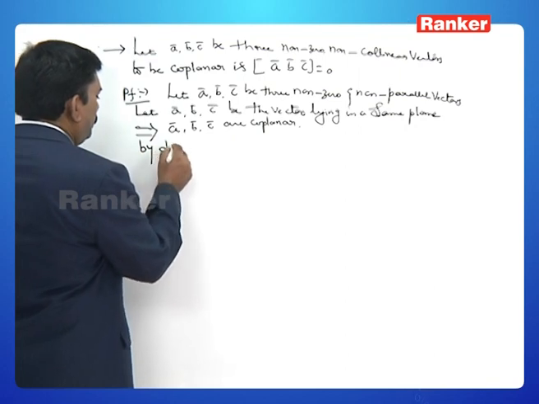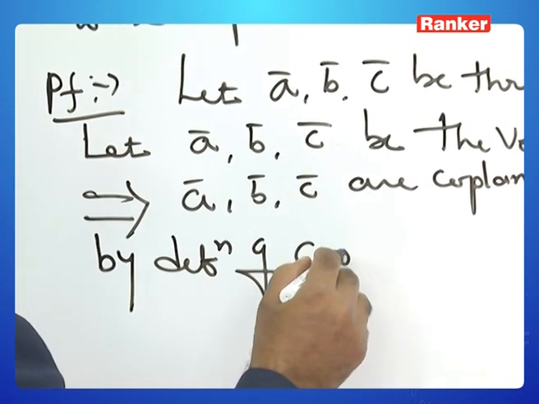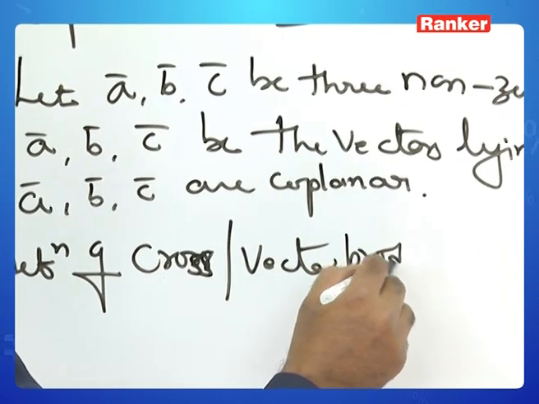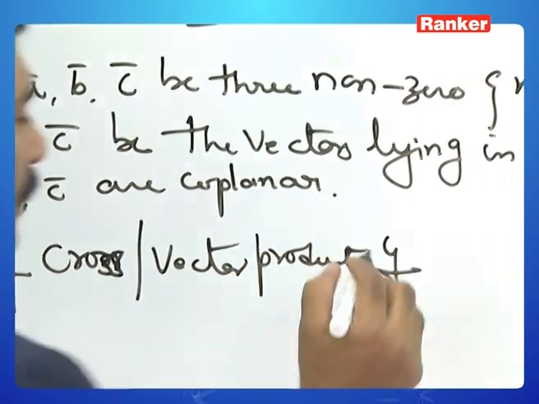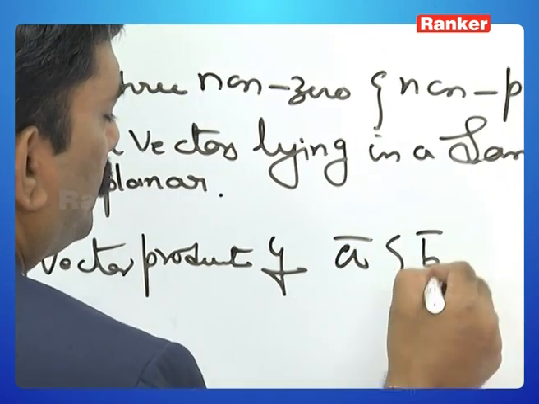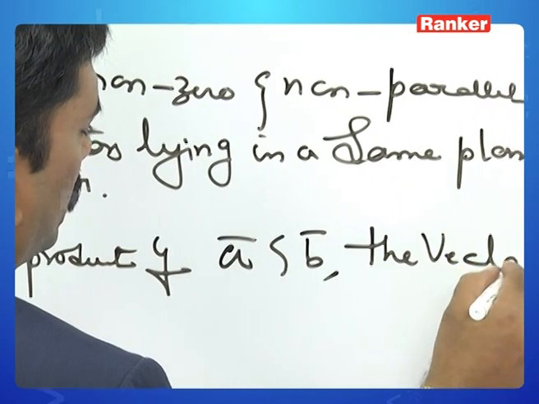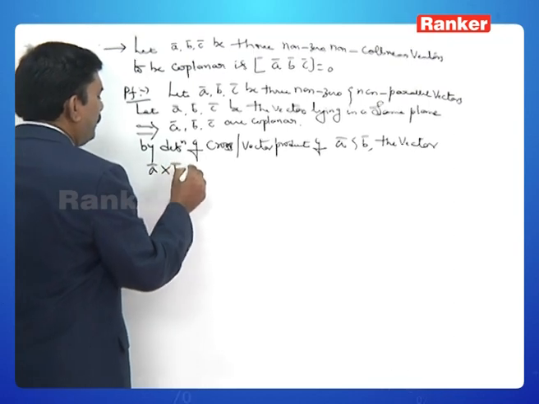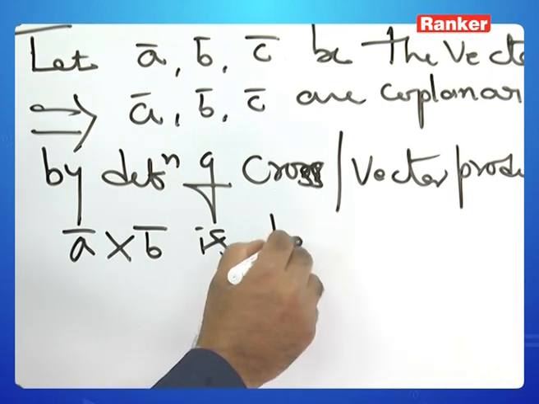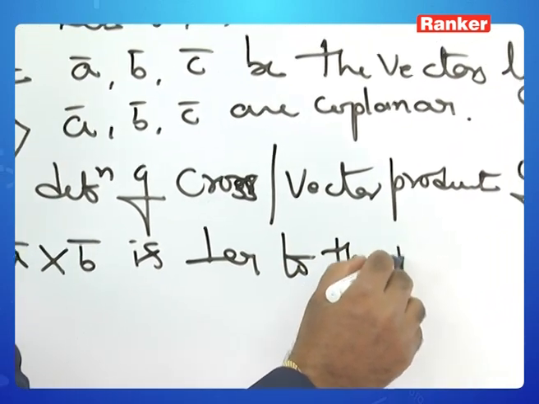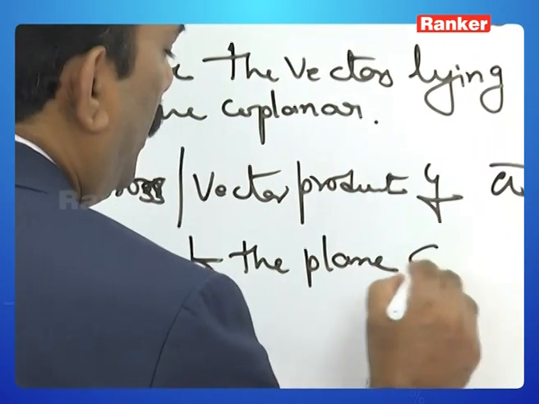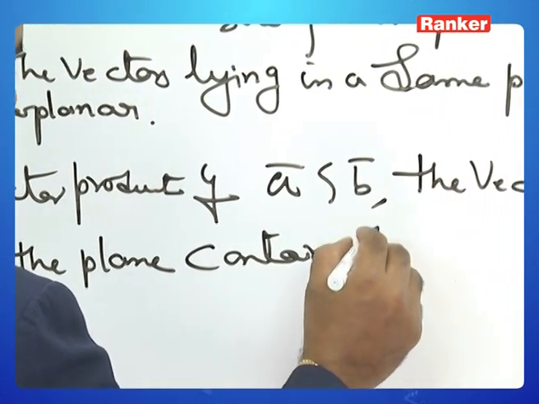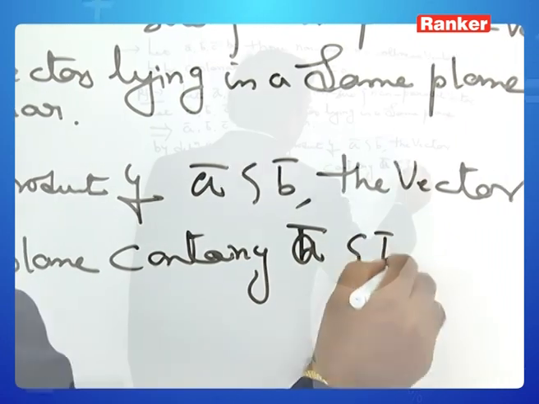by definition of cross or vector product of A bar and B bar, the vector A bar cross B bar is perpendicular to the plane containing A bar and B bar.